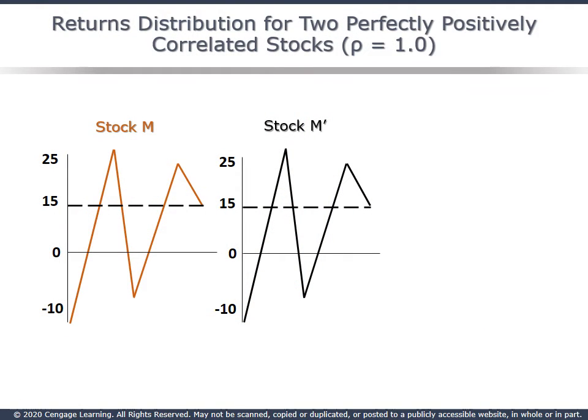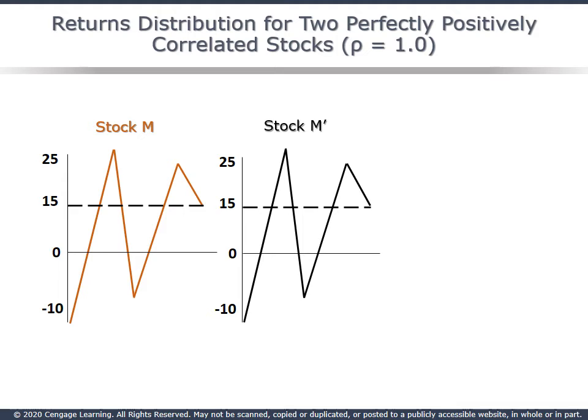Now, what happens if you had two stocks that had perfect positive correlation? That means they moved in exactly the same direction. So if you held them separately, you put all your money in one or all your money in the other, your expected return is 15% and you have a certain measure of risk.